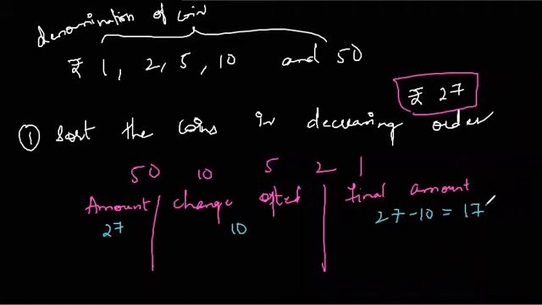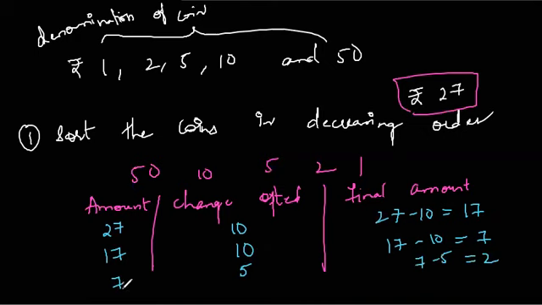What is the leftover amount? It is 17 rupees. Then, with 17 remaining, what is the biggest denomination that I can give? It is again 10. So 17 minus 10 is 7. Now the leftover amount is 7. For 7, the biggest denomination that can be given is 5. 7 minus 5 is 2. Then the leftover amount is 2.